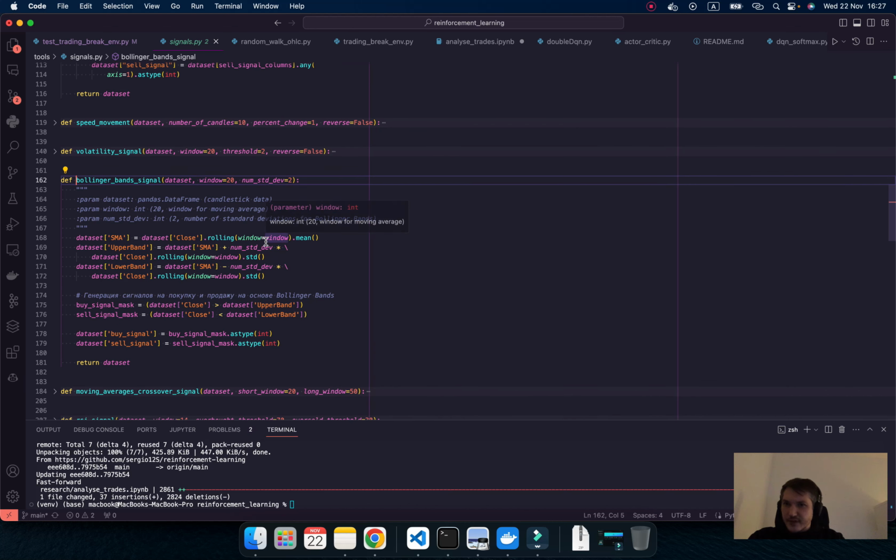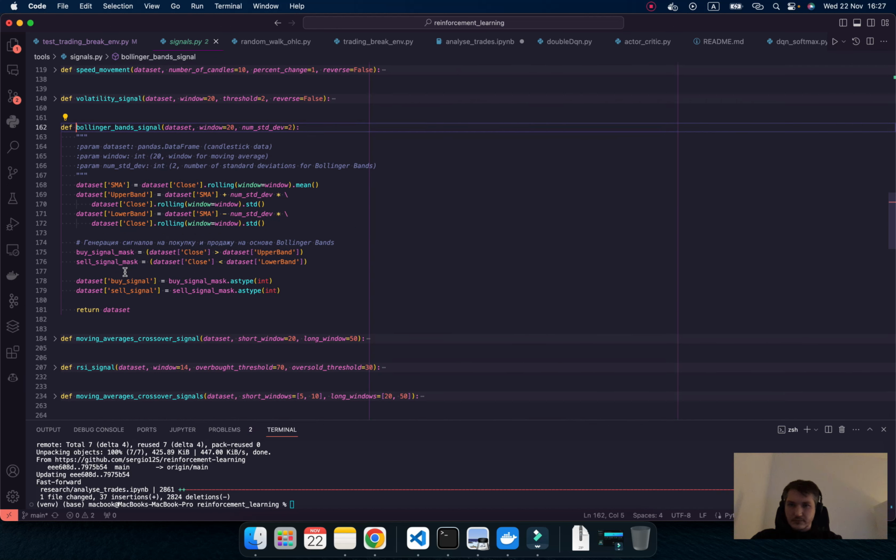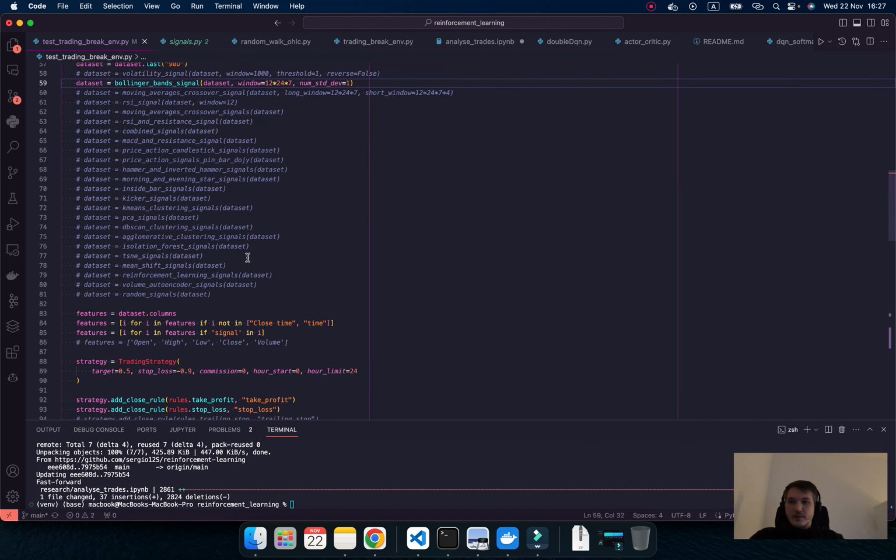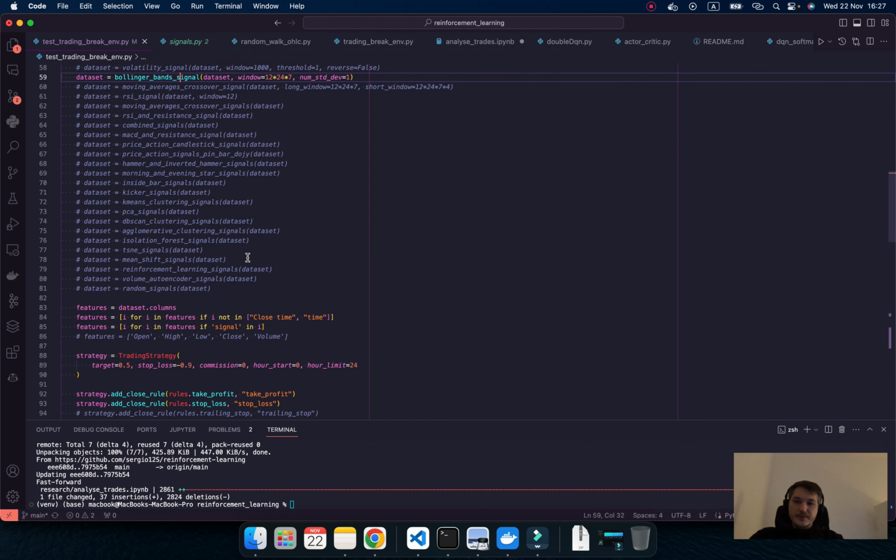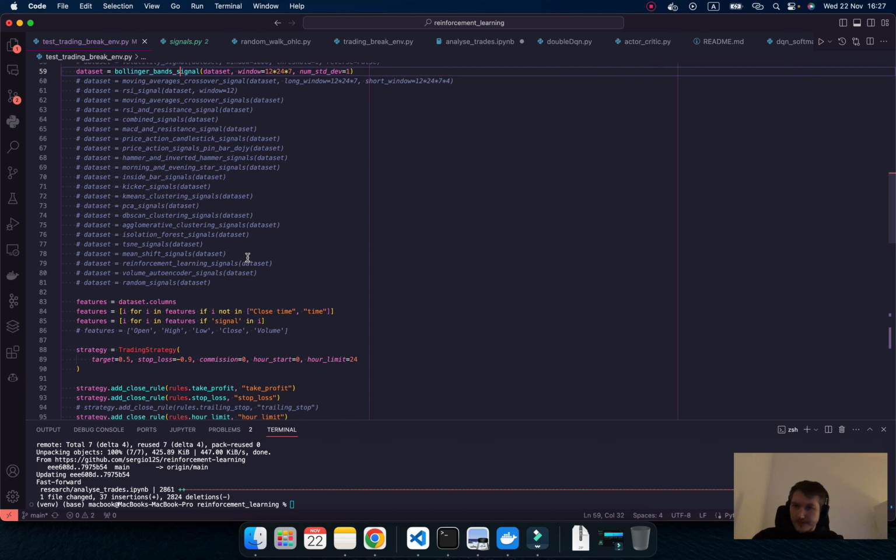You just define a standard deviation, and plus standard deviation and minus standard deviation from our rolling moving average, and just create some signal there. But inside our environment, we trade it with reinforcement learning.